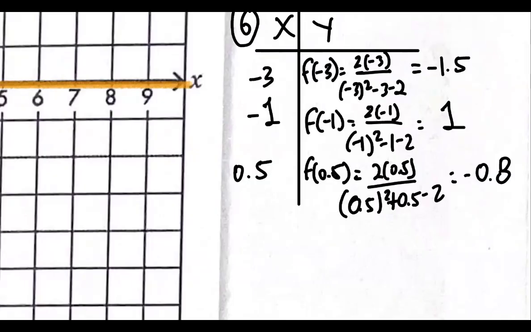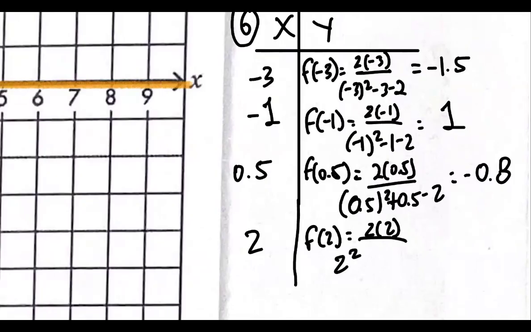And then for the next one, plot 2. Wouldn't it be 0, 0, but we have a horizontal... Remember how I told you yesterday, there are some exceptions, and you'll see right now.